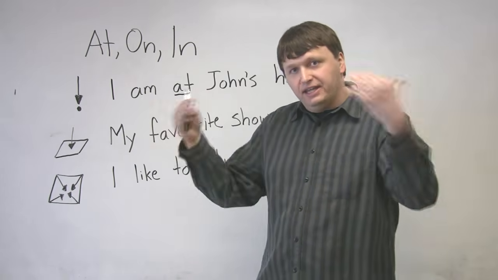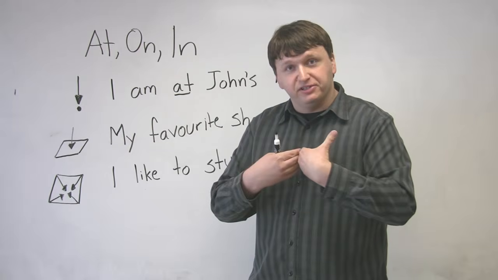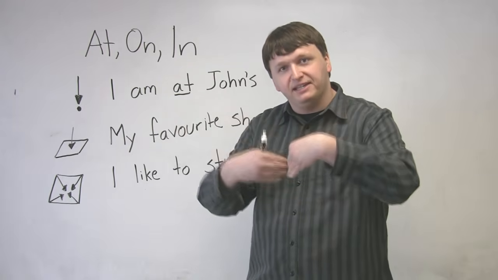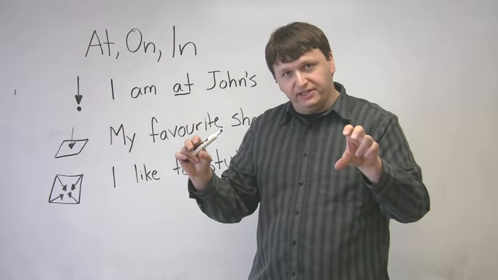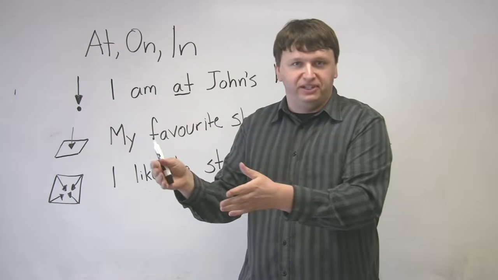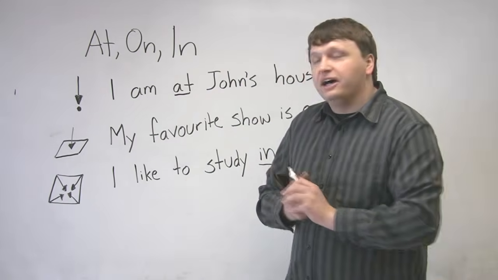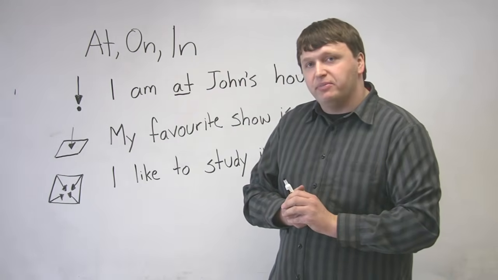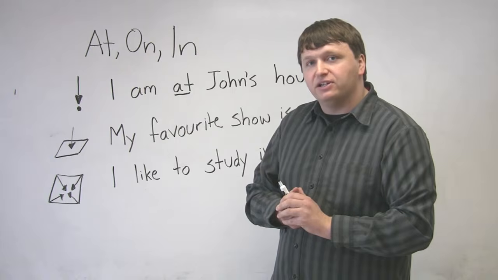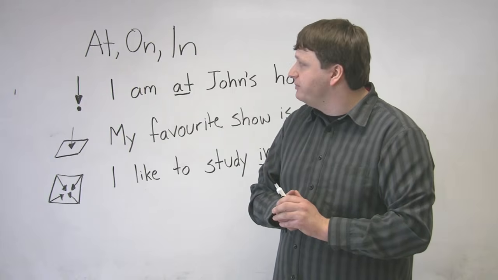I live in, let's say, I live in Canada personally, so I would say I live in Canada on Fake Street at 123, at the address of 123 Fake Street.